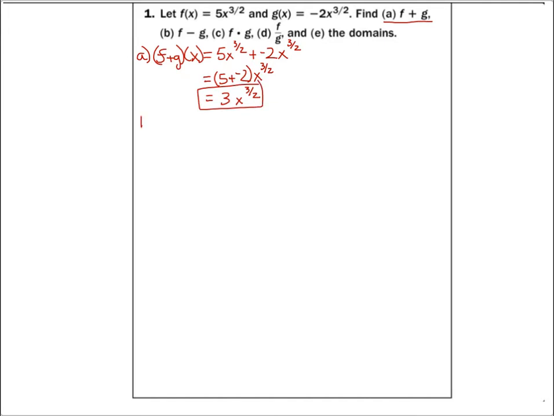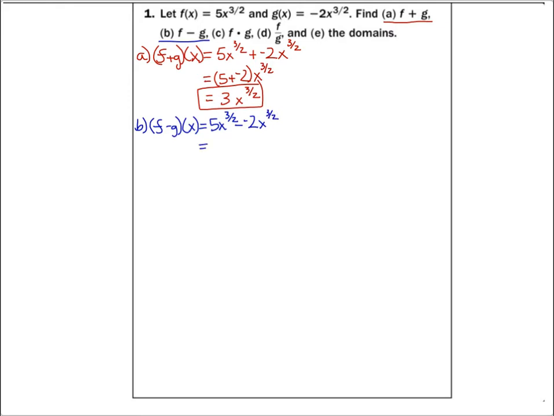For part B, where you're supposed to kind of subtract the functions, well, let's do that. It's not really any more exciting than part A was. It's f minus g of x. So it's 5x to the 3 halves minus negative 2x to the 3 halves.